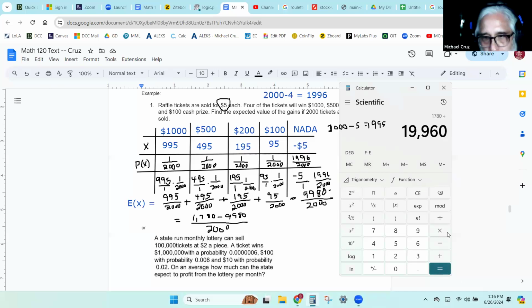Oh, wait a minute. So 1,780, it's minus the, not divided. There we go.